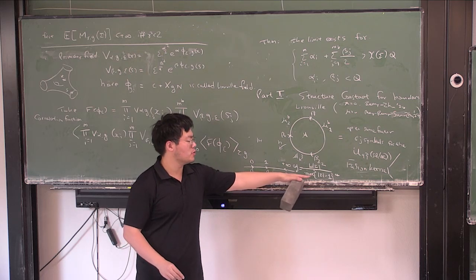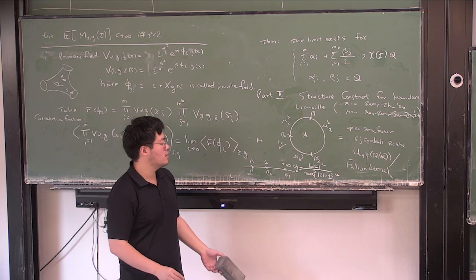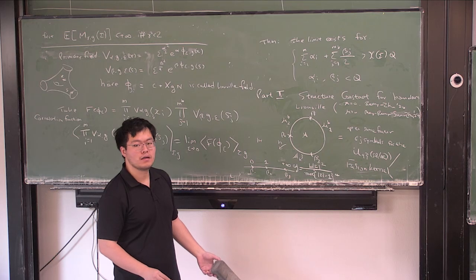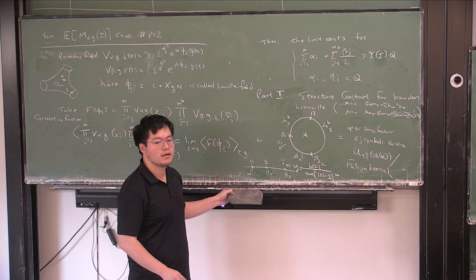The absolute value of z and 1. And z is in the upper half plane. Yes. So it is not smooth. No, not smooth. It's a pancake if you want.